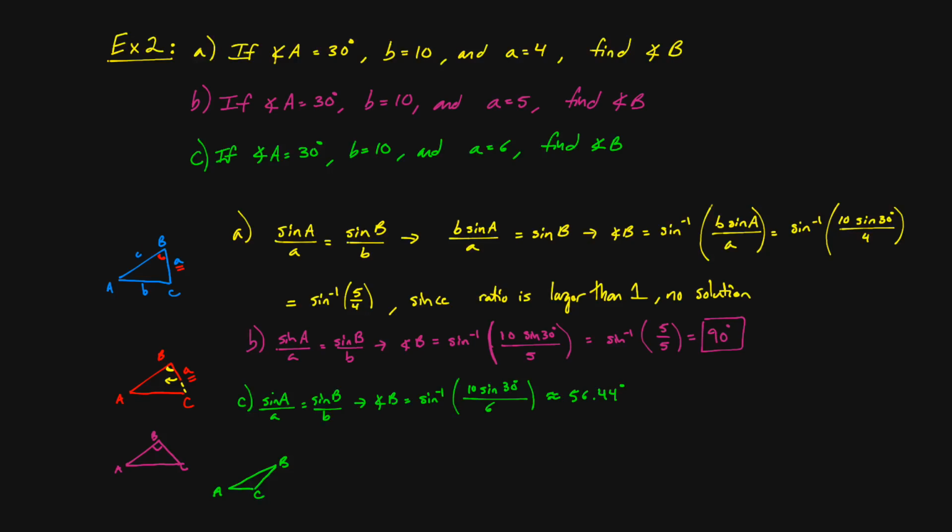Now, why is that important? Because the reason why that is occurring is because this side BC, which is referring to your side a, is so long that, if you note, I can actually do this.